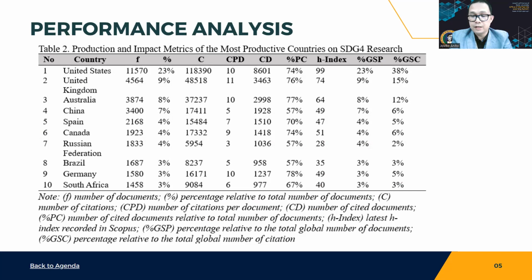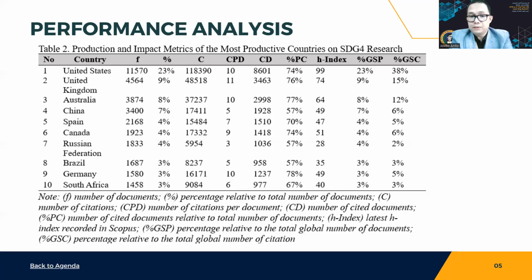So in this case, we can see that the United States, United Kingdom, and Australia topped the list of countries that produce studies on Sustainable Development Goal number 4, or SDG 4. The United States produced about 23% of the total studies produced on SDG 4 in the given period.